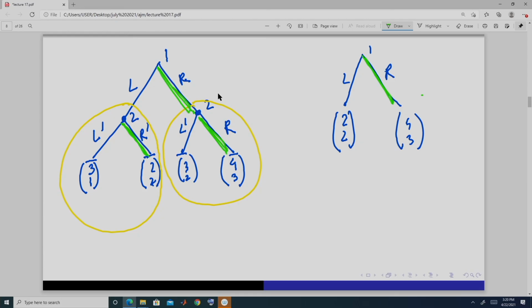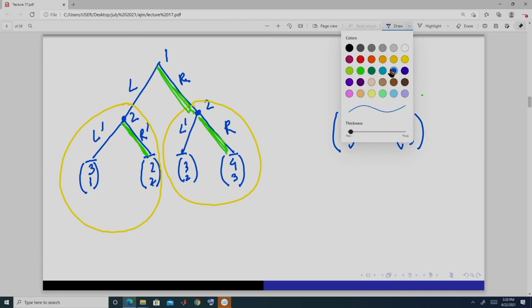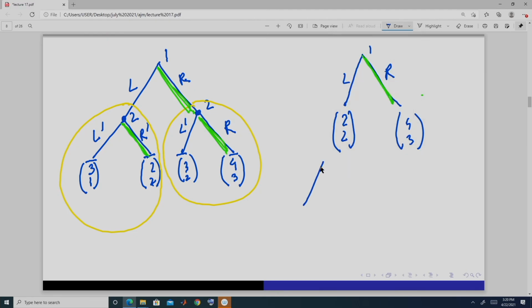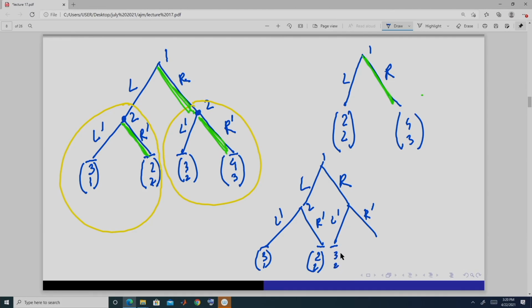But while we were doing backward induction and trying to find the optimal outcome in the same game, it is here, it is this, here it is this, and then from this it is here.